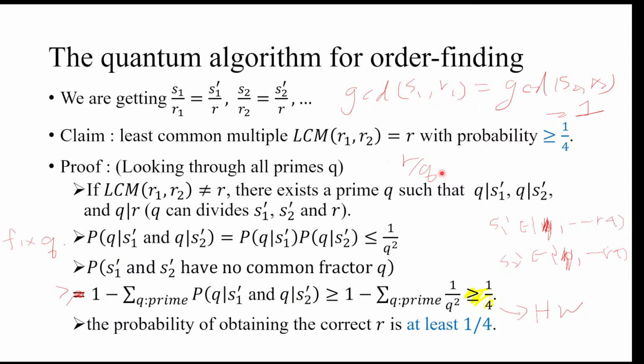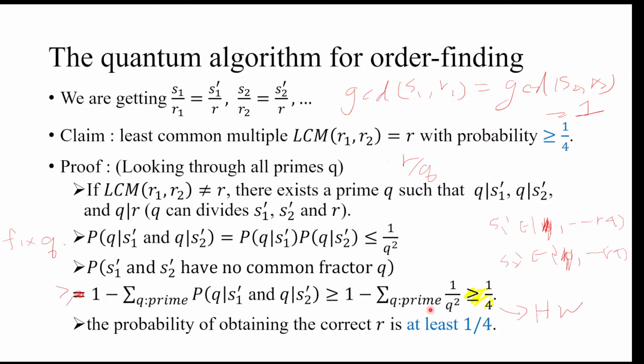And we have bounded this probability. We know the probability is less than 1 over Q squared. And here is another thing on homework. Basically, you try to sum over this thing, and you see that this part is less or equal to 3 over 4. So the total probability is greater or equal to 1 over 4. This summation is actually not too hard, so you don't even need to use prime here.